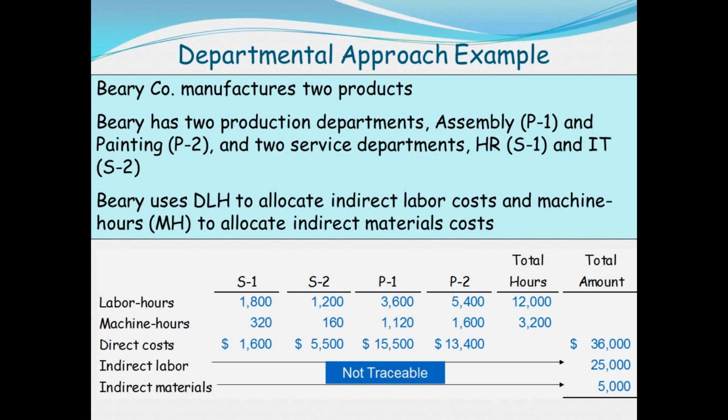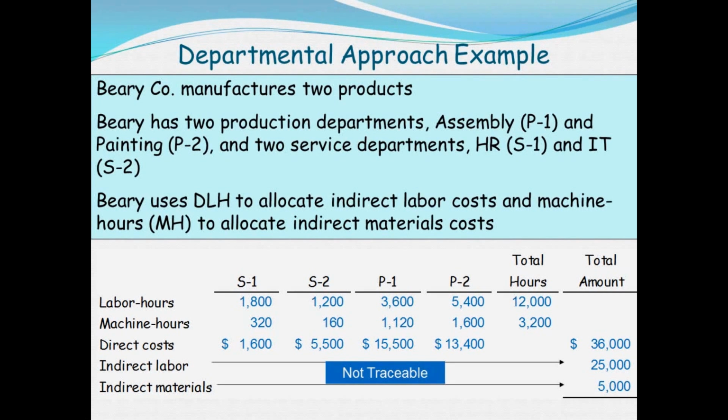First, there are direct costs. So each one of these departments, both production and service, have direct costs associated with them, labor and machine hours. Actually, these are in hours, and then these are the costs associated with those hours, excuse me. So this is 1,800 hours, 320 hours, total costs on this line.